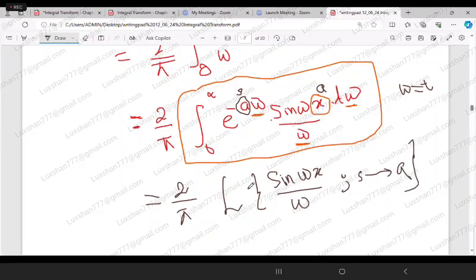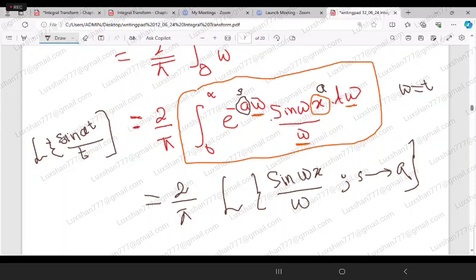Okay, so that means Laplace transform of sine at over t.